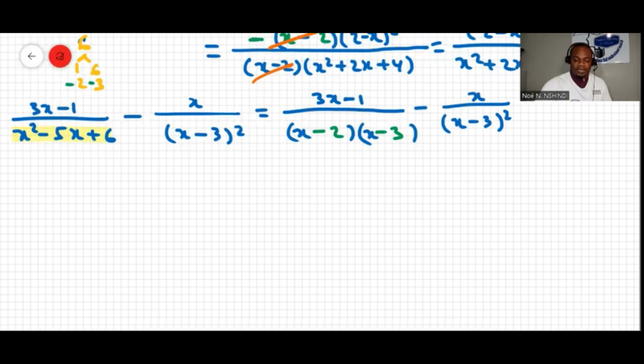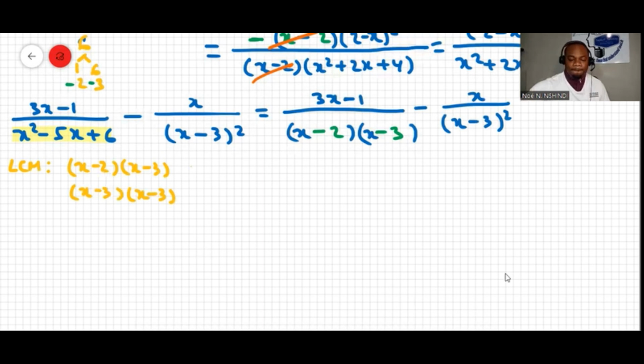Now we need to find the LCM of x minus 2, x minus 3, and the x minus 3 to the power of 2, which we can also factorize. That's also x minus 3 and x minus 3.